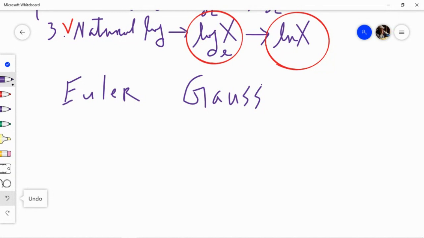There's nothing to be stubborn about. Why is it so difficult to pronounce it as Euler? Or why is it so difficult to pronounce it as Gauss? Something that can be easily done, they stubbornly fail at pronouncing correctly.